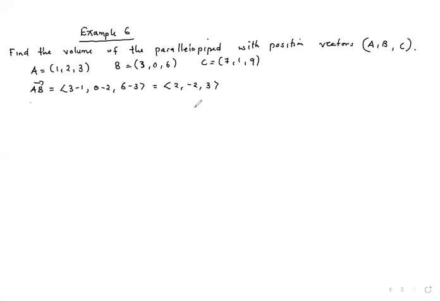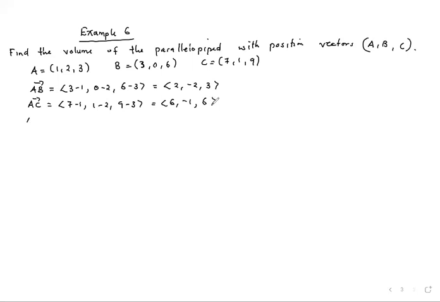Then you find AC, that is 7 minus 1, 1 minus 2, 9 minus 3, giving us 6, negative 1, 6.